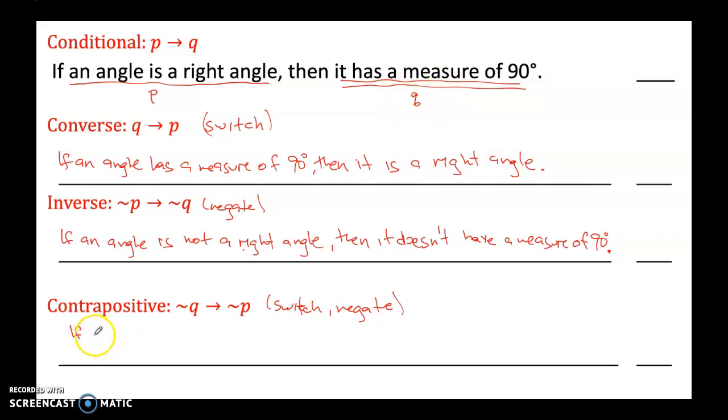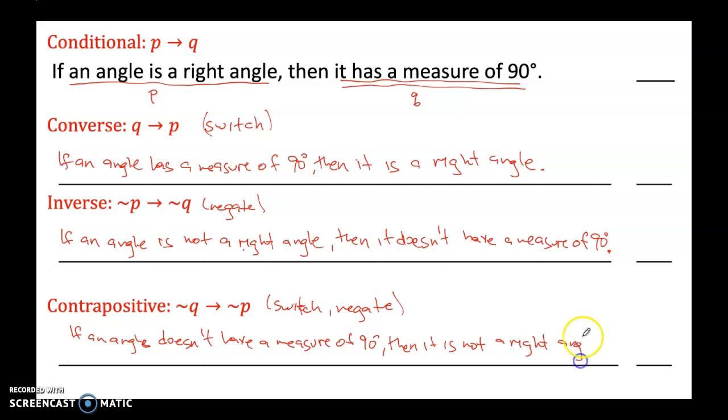If an angle doesn't have a measure of 90 degrees, then it is not a right angle. So that is our converse, inverse, and contrapositive of our conditional statement.